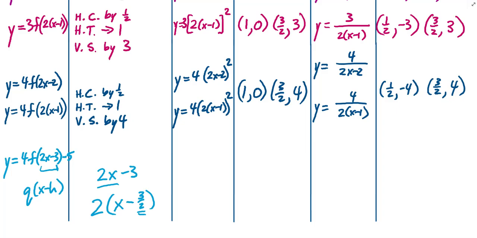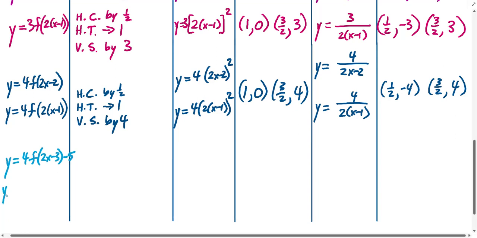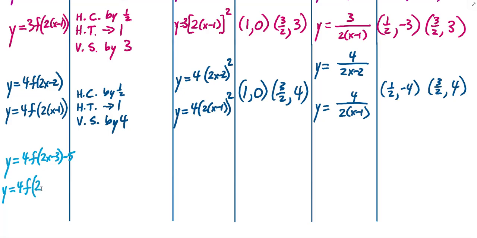So I've got it correct there. So in order to properly see what's going on, I need to rewrite the argument to my function as 2 onto x minus 3 halves. And then outside of that function, I still have a minus 5.